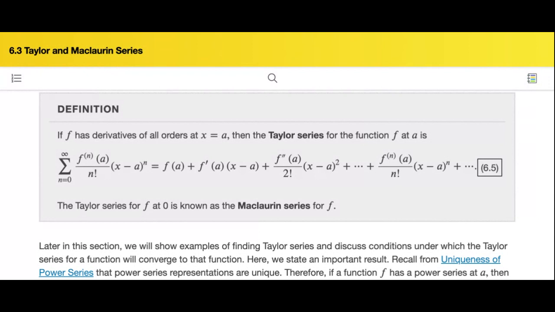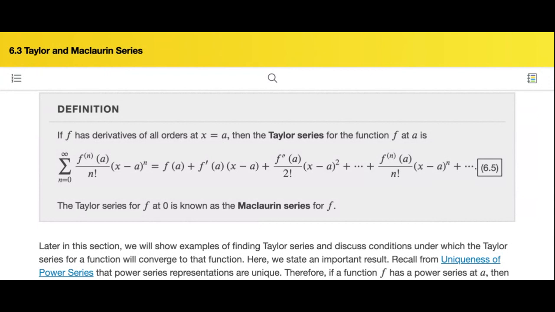So the function is smooth, which means when the function has derivatives of all orders, you can take a first derivative, second derivative, third derivative, it keeps going on. So we call them smooth functions.